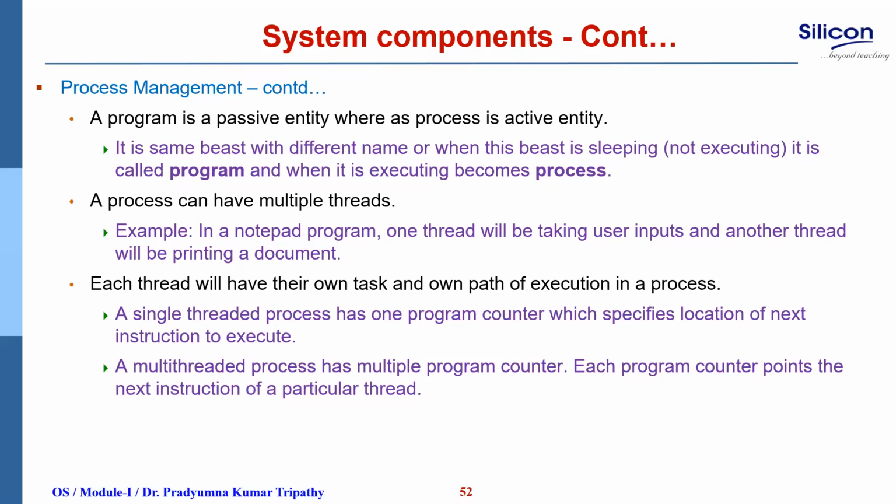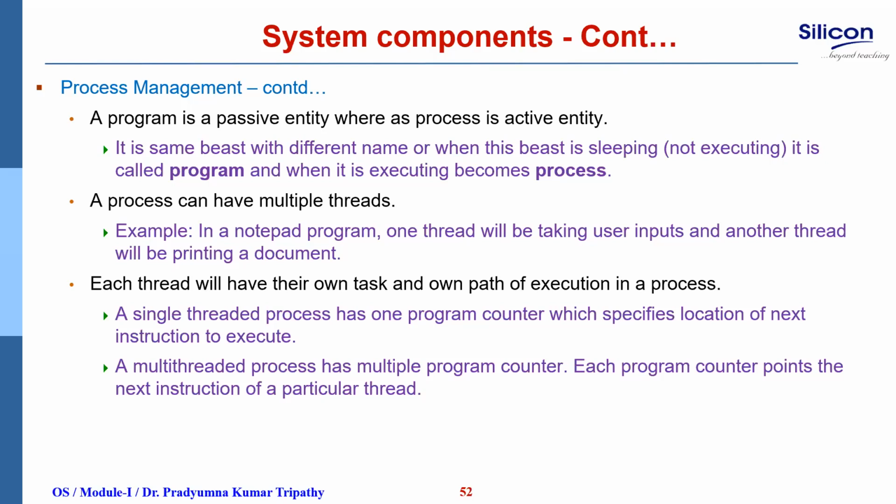A single-threaded process has one program counter, which specifies the location of the next instruction to execute. That means if you have a process with only one thread, all resources can be dedicated to that. One program counter will go on executing each of the statements.